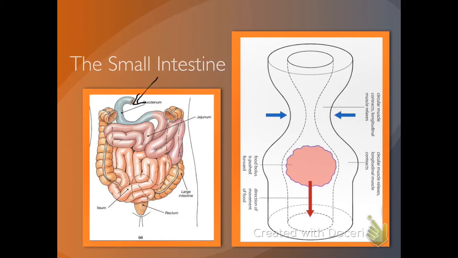So the process here is that the chyme, which remember is food that's gone through the digestion process, is going to move through the small intestine using a motion very similar to that which we talked about in the esophagus. That was peristalsis.